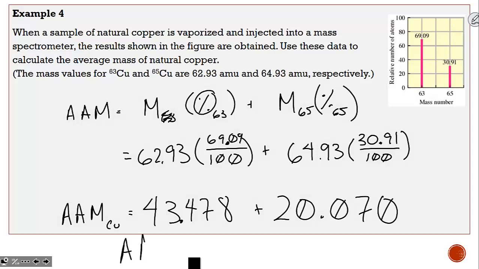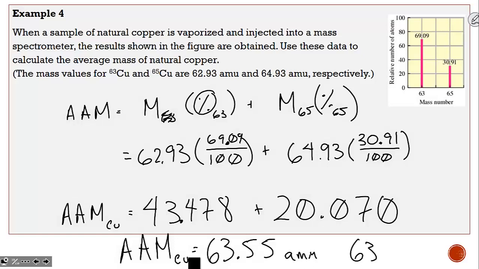So the average atomic mass from our sample comes out to be 63.55 atomic mass units, or 63.55 grams for every 1 mole.